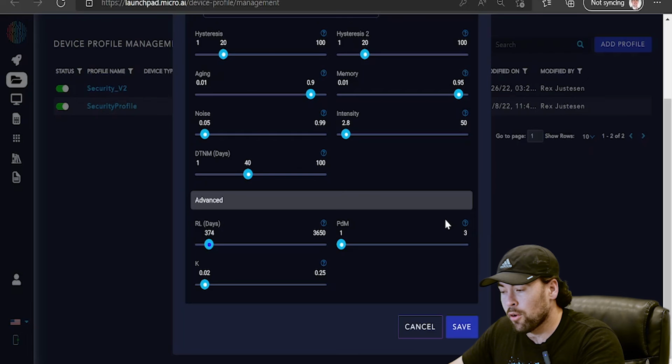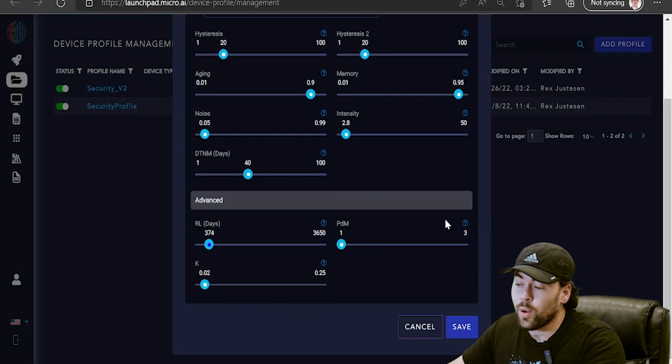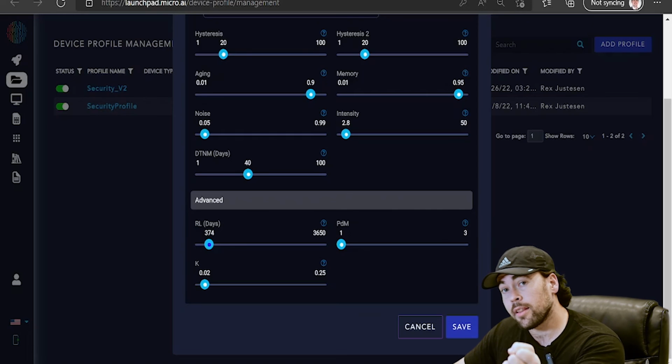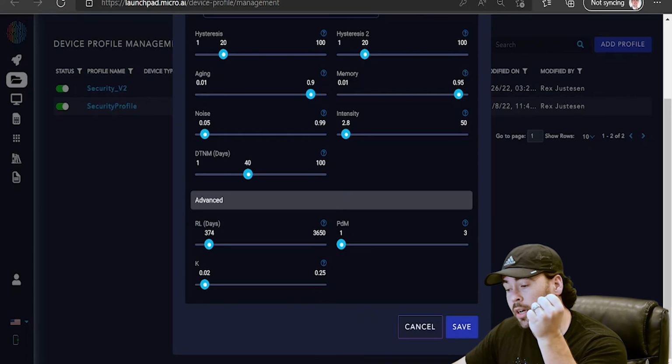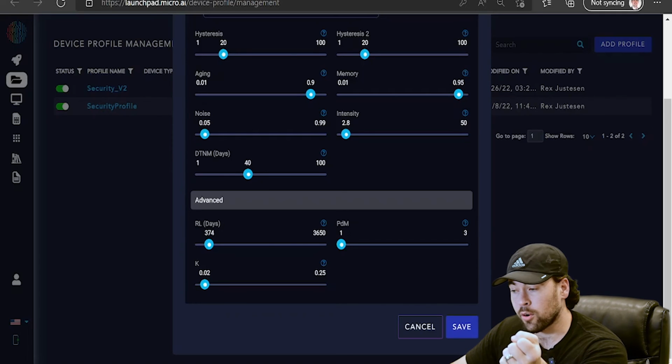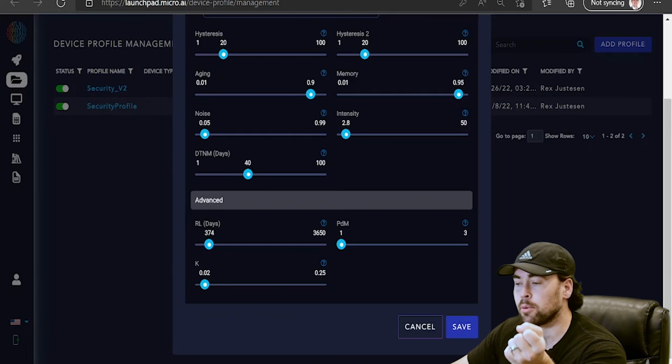This last parameter over here is for PDM. We have 3 algorithms for predictive maintenance. I'm not going to explain 2 and 3, I'll just explain 1. PDM1 is the default algorithm that we use, and it's used for 99% of our use cases.